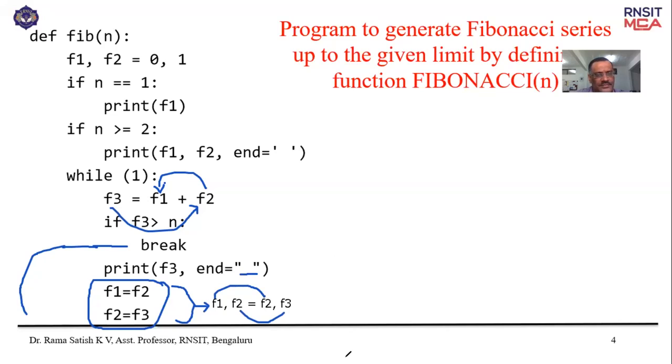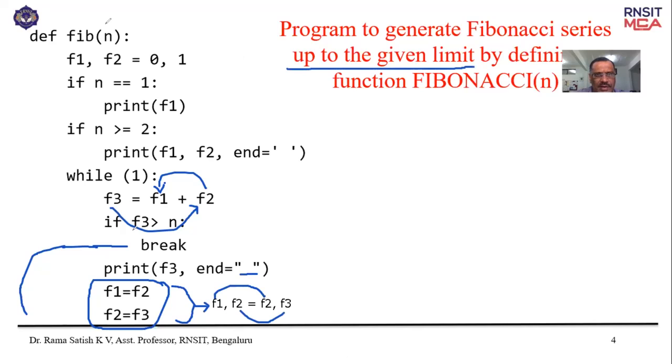Now, this is the function that we have written. The while loop will end only if F3, that is the next Fibonacci number, is greater than n. Because it is given very well, you have to generate the Fibonacci numbers up to the given limit number, that is n.